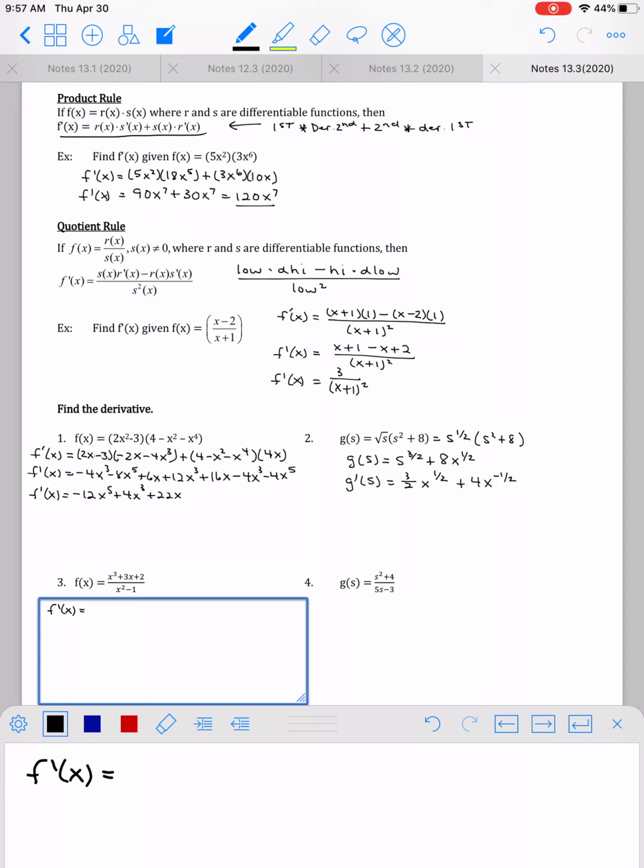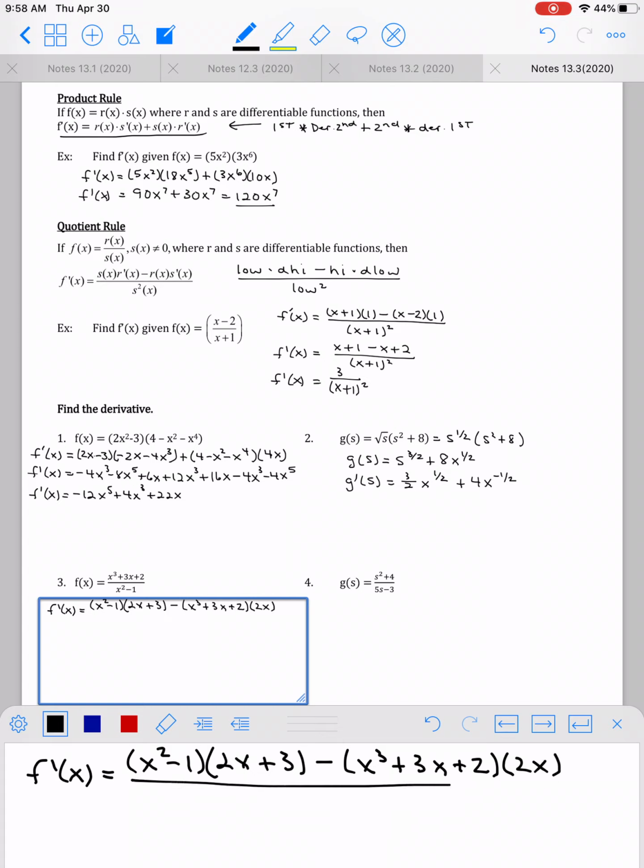So we start low, parentheses, x squared minus 1, times the derivative of the high, 2x plus 3, minus the high, x cubed, plus 3x plus 2, times the derivative of the low, 2x, all over the bottom, x squared minus 1 quantity squared. Okay, so there is our quotient rule.